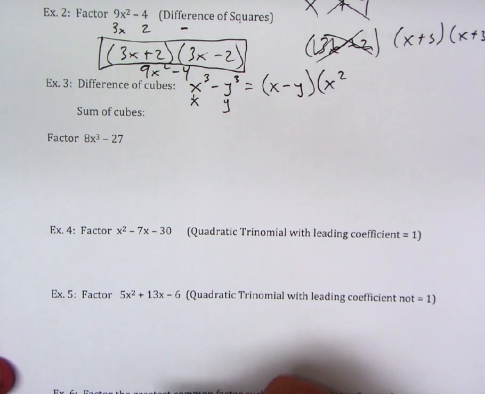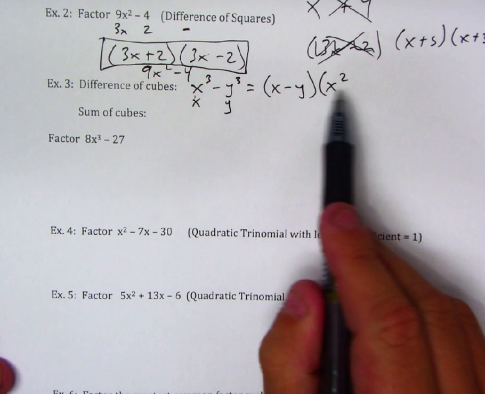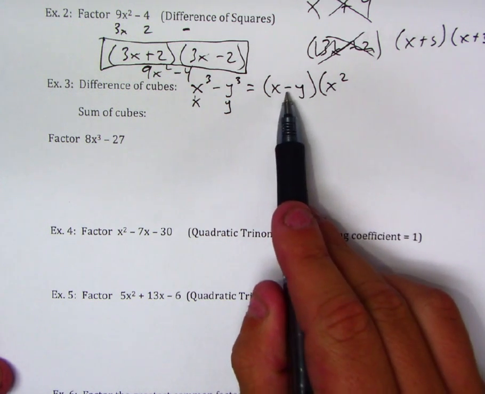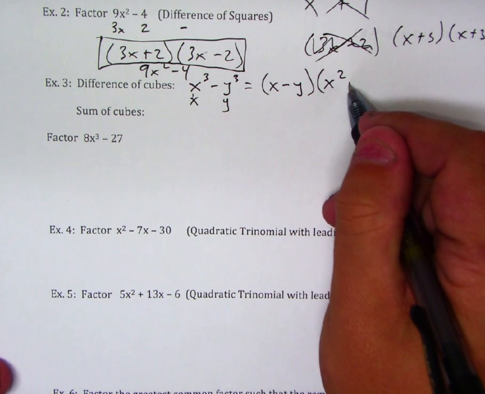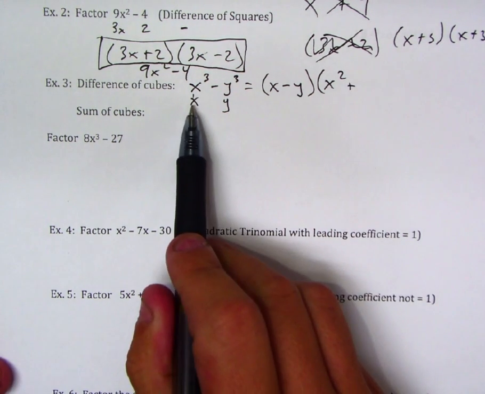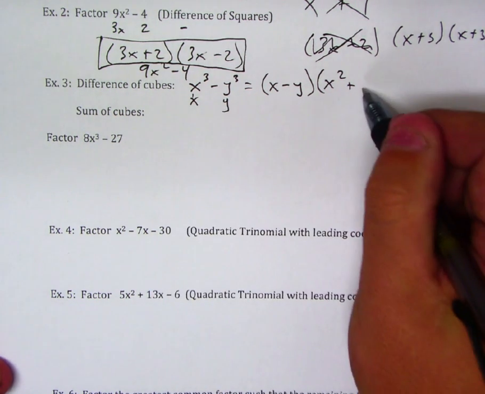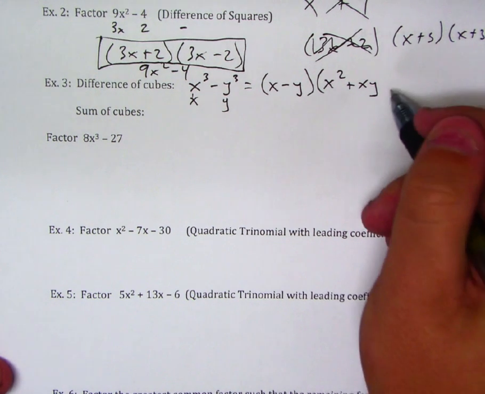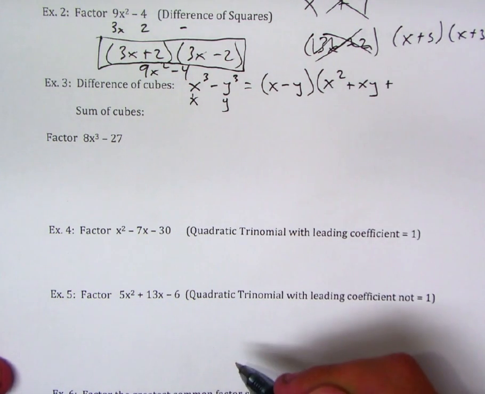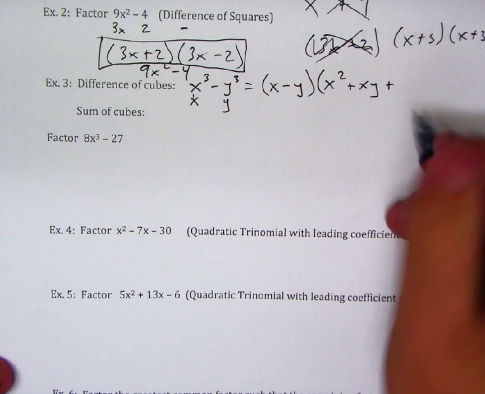Okay, square the first one. Your sign is going to change now. So whatever this sign was to start with, now you're going to put a plus. The sign switches. You're going to multiply your two cube roots together. You multiply x and y together to get xy. Your last sign is always going to be a plus, and you're going to square the second cube root.